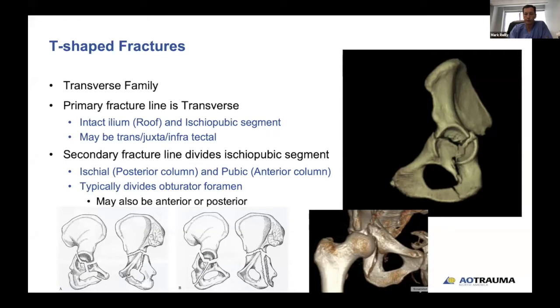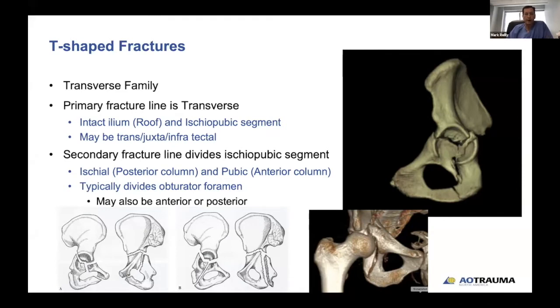And so those are typically referred to as the pubic component and the ischial component of the T-shaped fracture. Now, typically, this stem of the T, this vertical component, divides the roof of the obturator foramen and then divides the ischial ramus. And in the study of T-shaped fractures in Letournel's book, this comprised the most common T-shaped fracture.